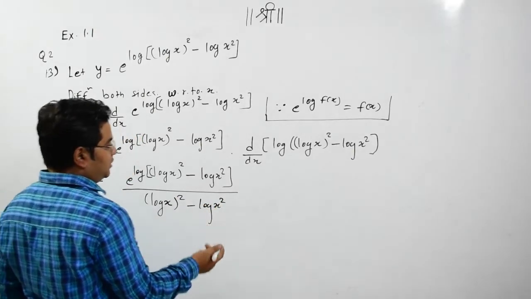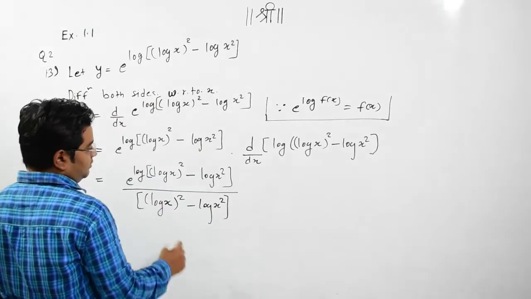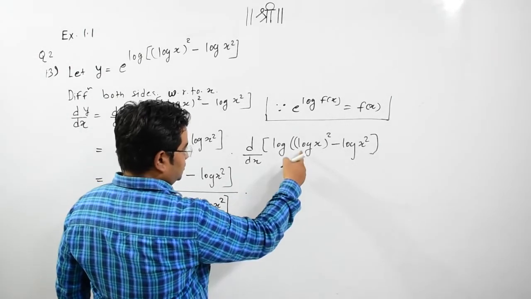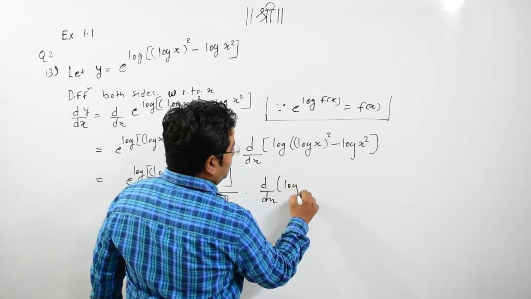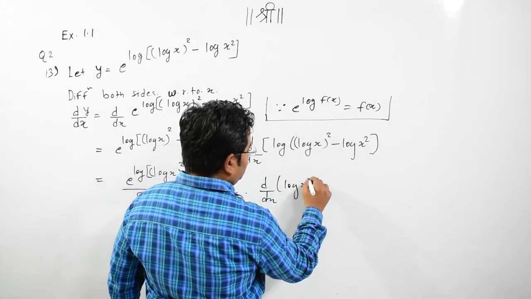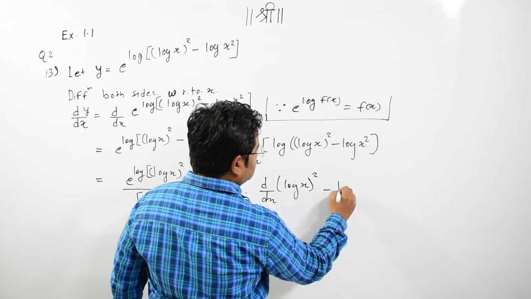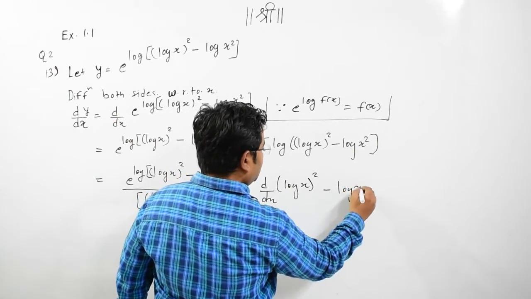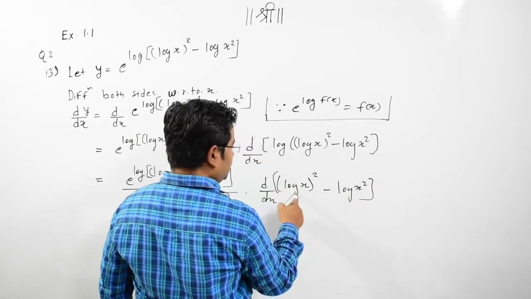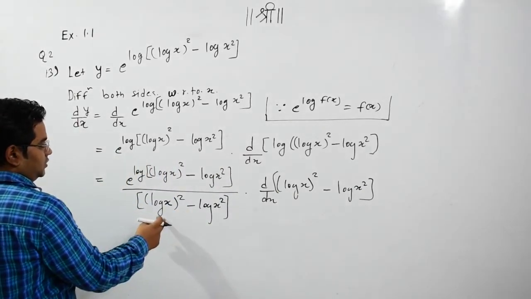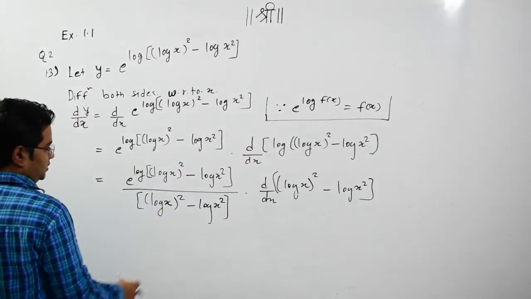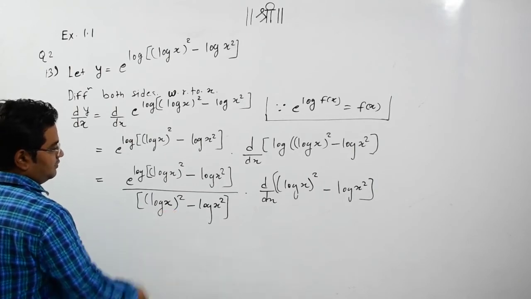Now you can see how complicated it is, but I will make it simple. Dot, then d upon dx of (log x)^2 minus log x^2. And again we know the derivative of this, but we need to focus on this point also. So how can we simplify this term?